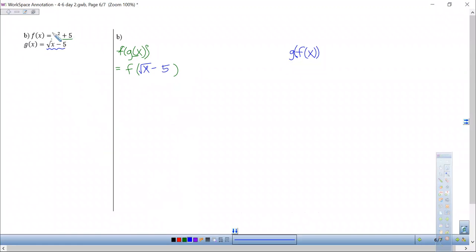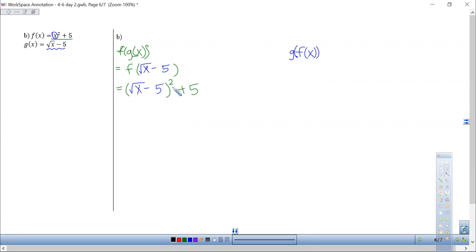So I'm going to replace my x here with that expression. So f is x squared plus 5. So instead of x, we've got the square root of x minus 5. Okay, so this one looks complicated.